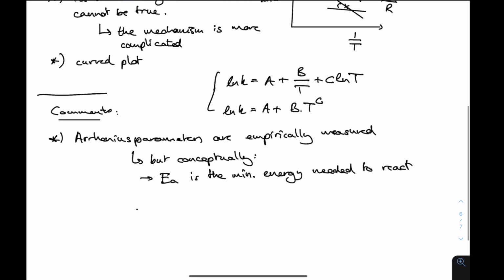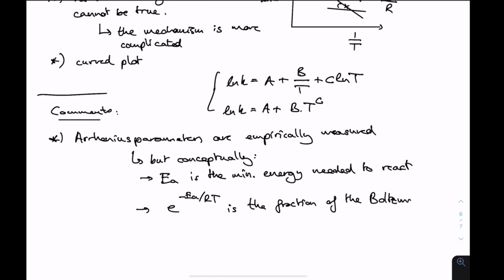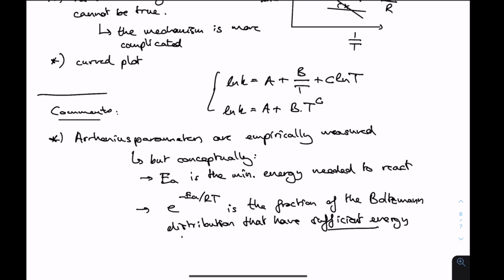And this term, e to the power minus EA over RT, is the fraction of the Boltzmann distribution that have sufficient energy to react.